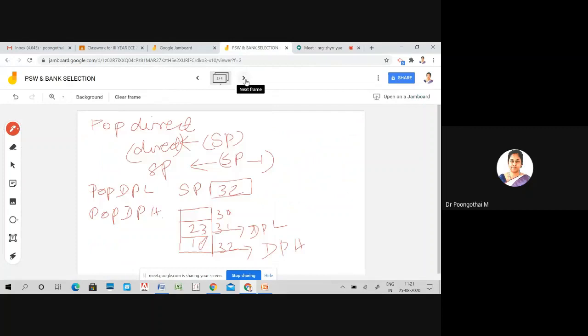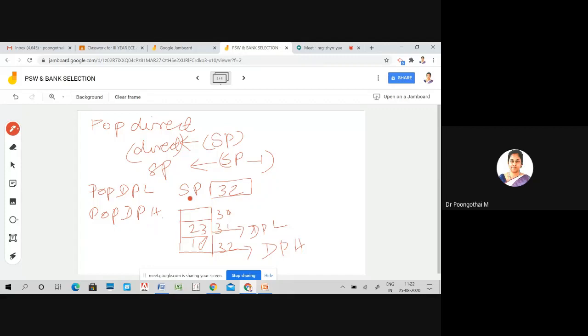Next one, pop instruction. Here the instruction is pop direct. So, okay, the content of internal RAM pointed by stack pointer is moved into the internal memory location whose address is specified in the instruction. So it's mainly for deleting the data elements from stack. The instruction given here is pop DPH and pop DPL.